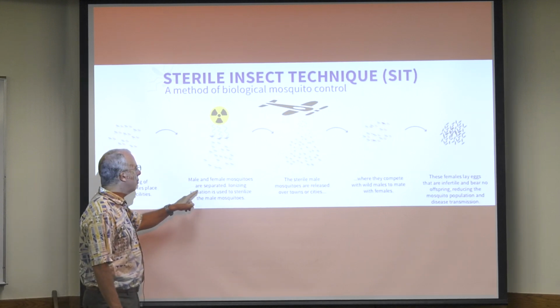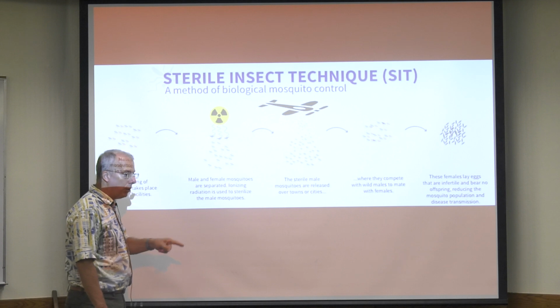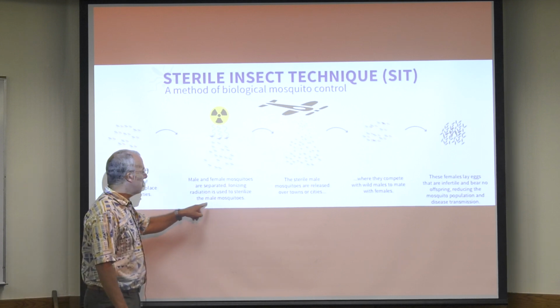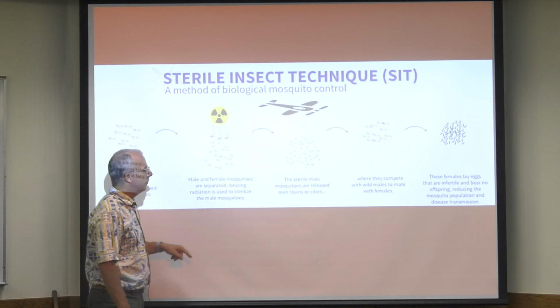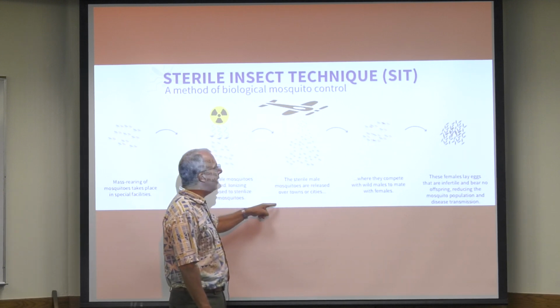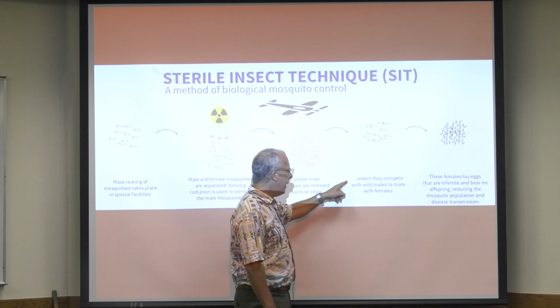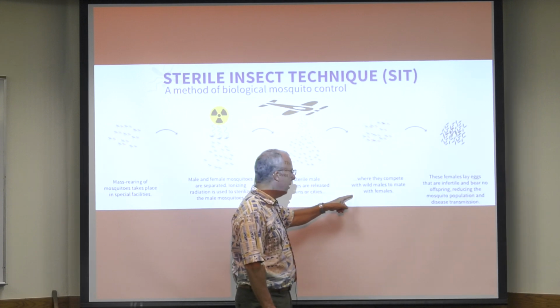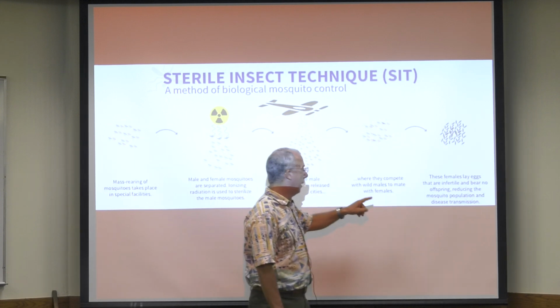Then they use ionizing radiation, which we'll talk about, to sterilize the males. Then the sterile male mosquitoes are released over towns or cities, where they compete with the wild males to mate with the females.